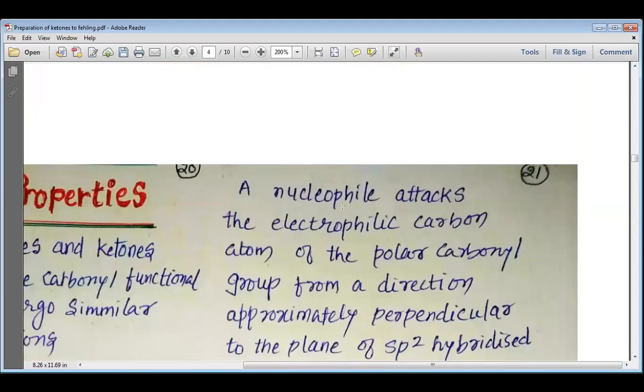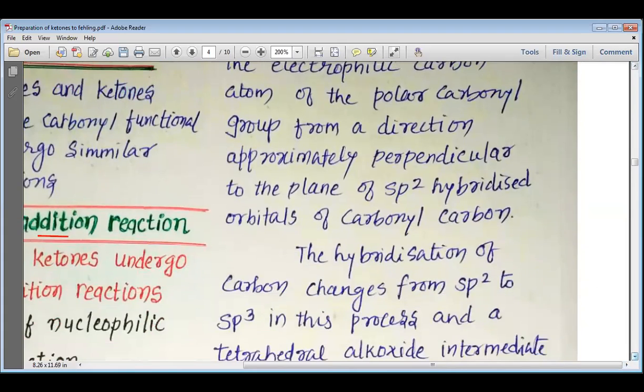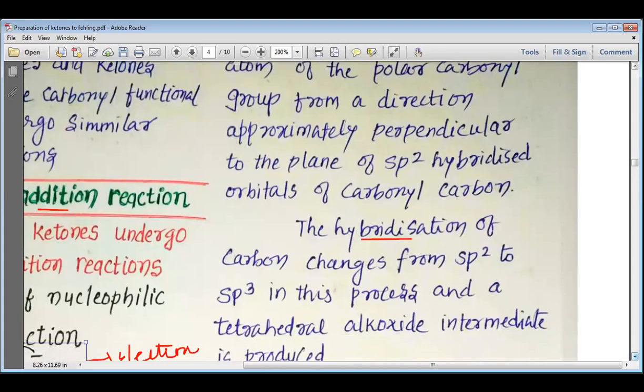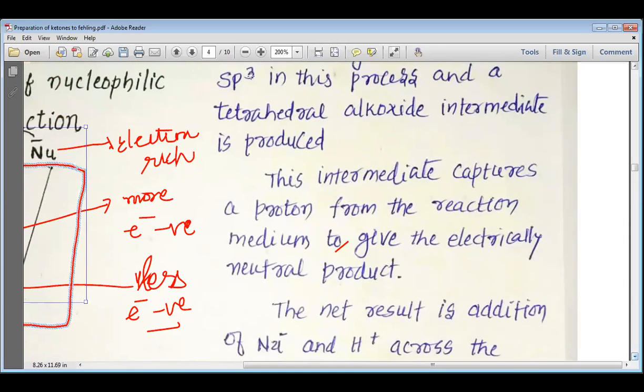Now, when a nucleophile attacks the electrophilic carbon atom of the polar carbonyl group from a direction approximately perpendicular to the plane of the sp2 hybridized orbital of the carbon atom, the hybridization of carbon changes from sp2 to sp3, and a tetrahedral alkoxide intermediate is produced.